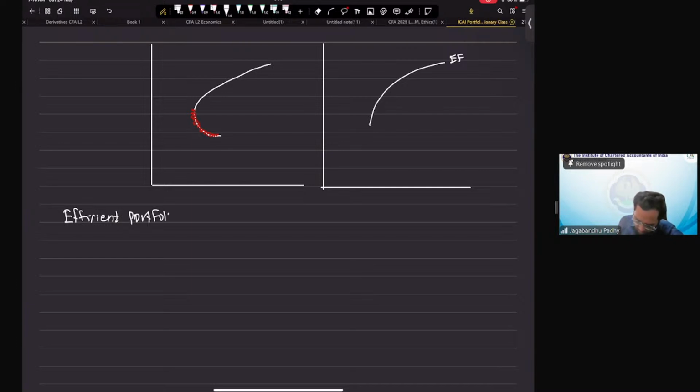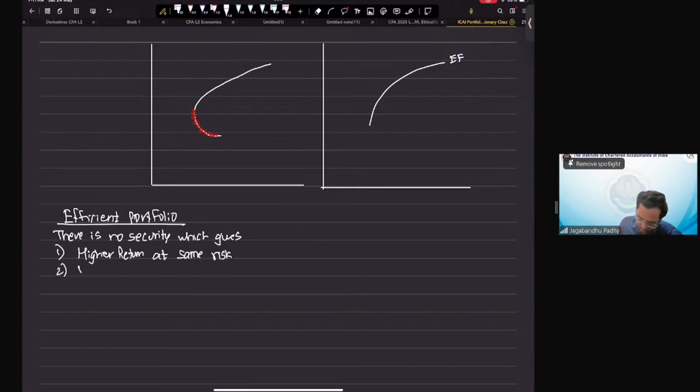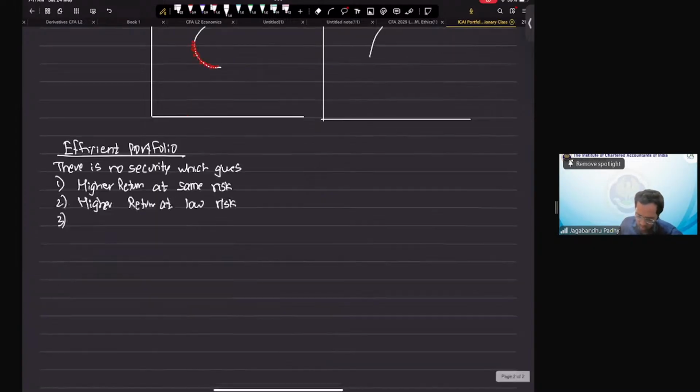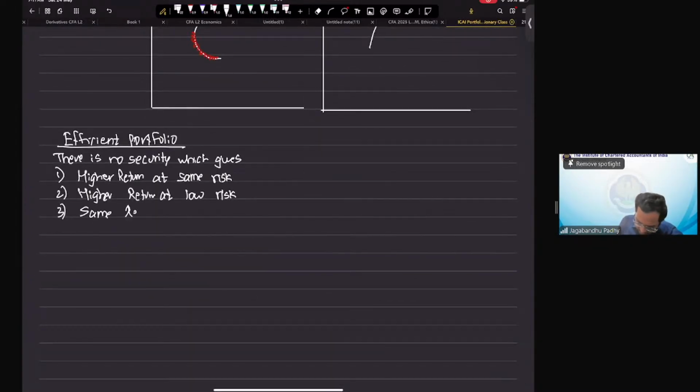A portfolio is said to be efficient when there is no security which gives higher return at same risk, or higher return at low risk, or same return at low risk.